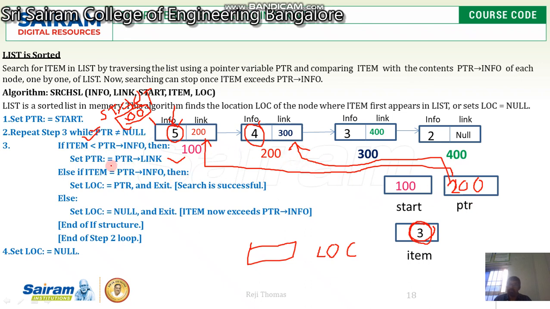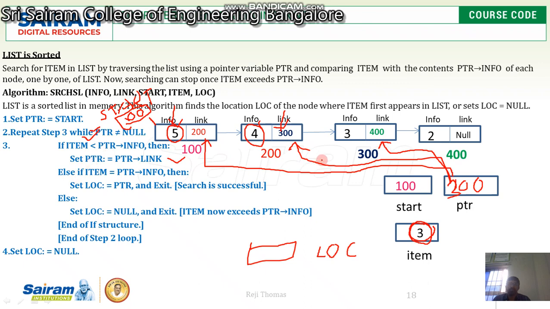Now we are going to change it a third time. PTR is equal to PTR link. What is the link for this node? It is 300. Now we are going to change this to 300. That means your PTR gets a link from PTR to the third node, which is 300. Now you have to check this condition again.